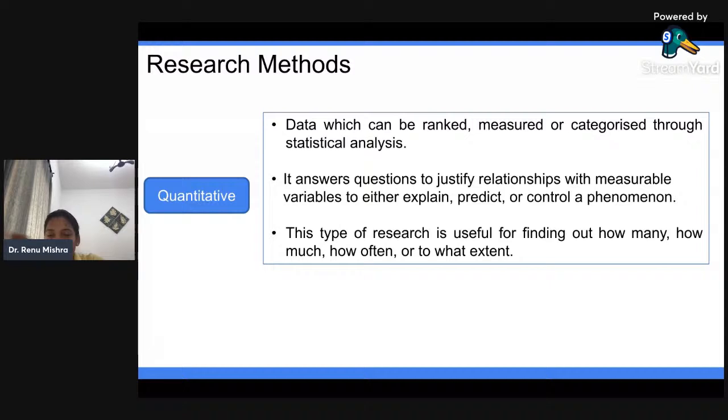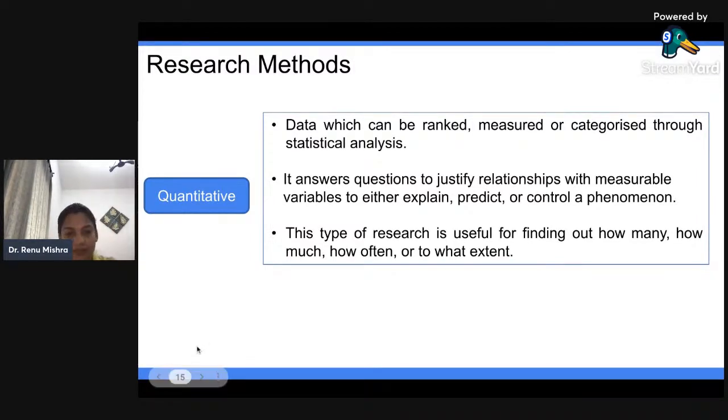Try to understand between the lines that I am not asking about your attitude towards shopping. I am asking about your preference for shopping in malls. So I'm asking whether you like going out for shopping in malls or not.